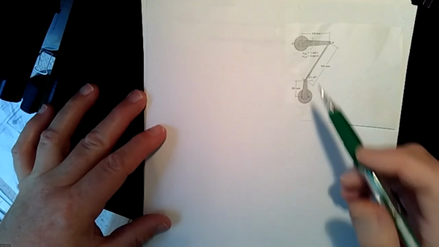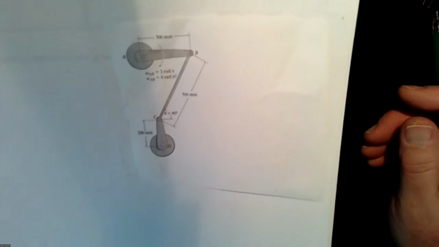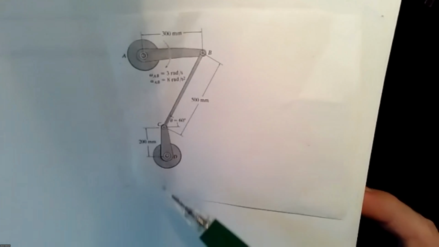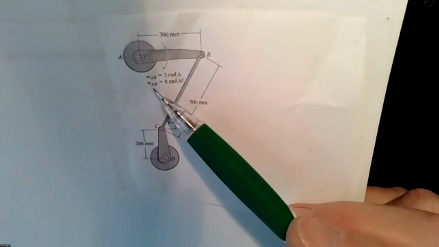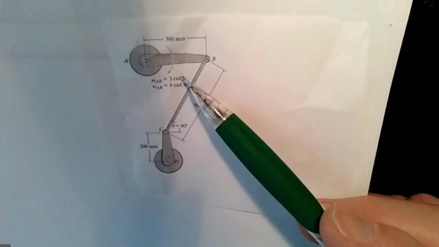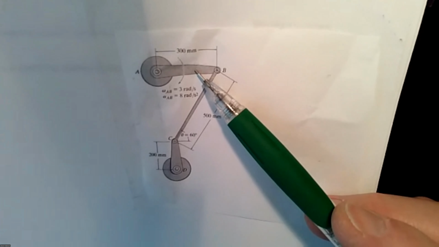In this example, you can see very well that you're given initially that this has 3 radians per second and an alpha of 8 radians per second squared. So you know there's going to be a tangential and a normal acceleration to bar AB.